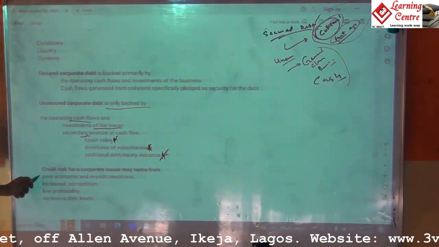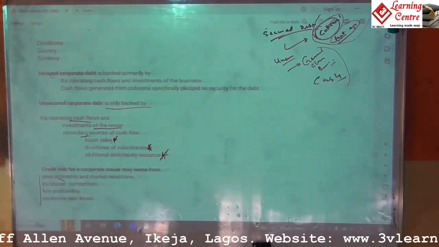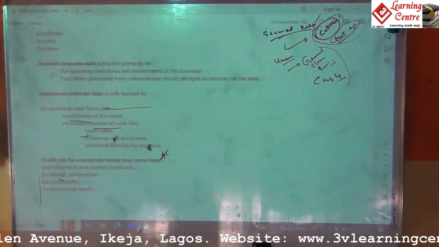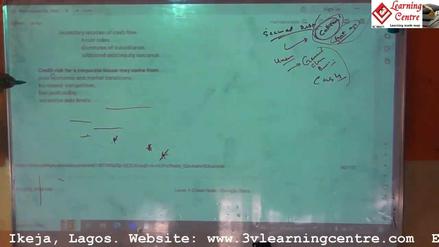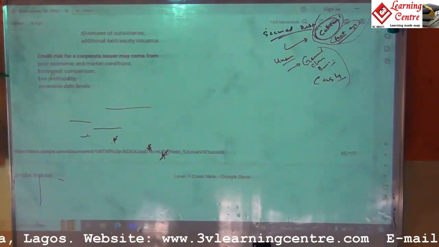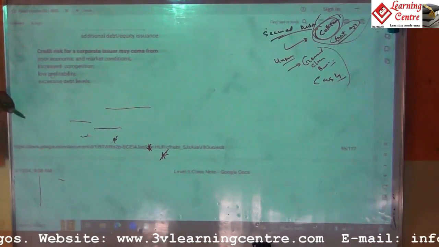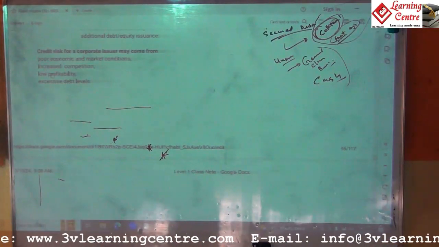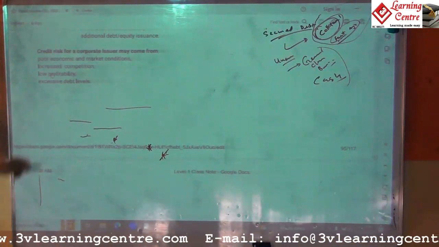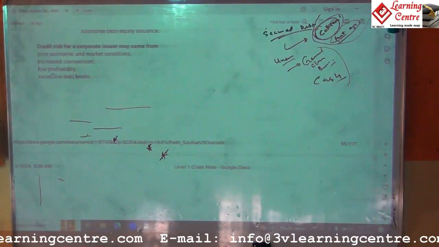Credit risk for a corporate can come from the home market not doing well, or from competitors entering and fighting for market share. Profitability has been squeezed.